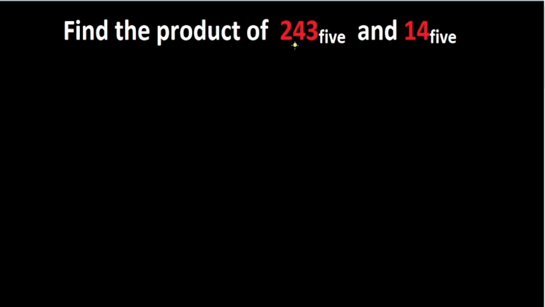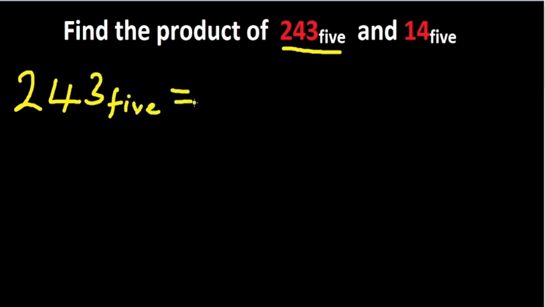Now first, we're going to convert 243 base 5 to base 10. Now we're going to multiply each of these numbers by 5 to convert it to base 10.